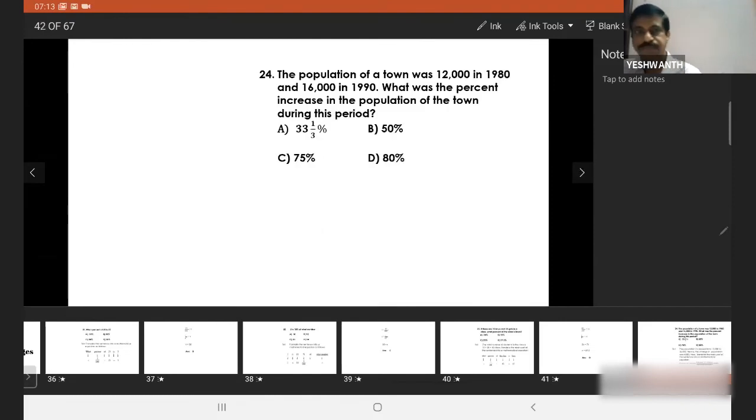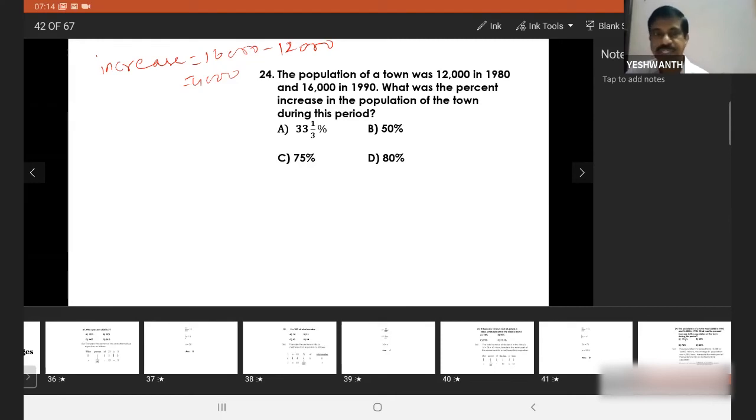Let's go to this. The population of a town was 12,000 in 1980 and 16,000 in 1990. So increase is what? 16,000 minus 12,000. That is 4,000. Okay, that is the increase in population in 10 years of time.